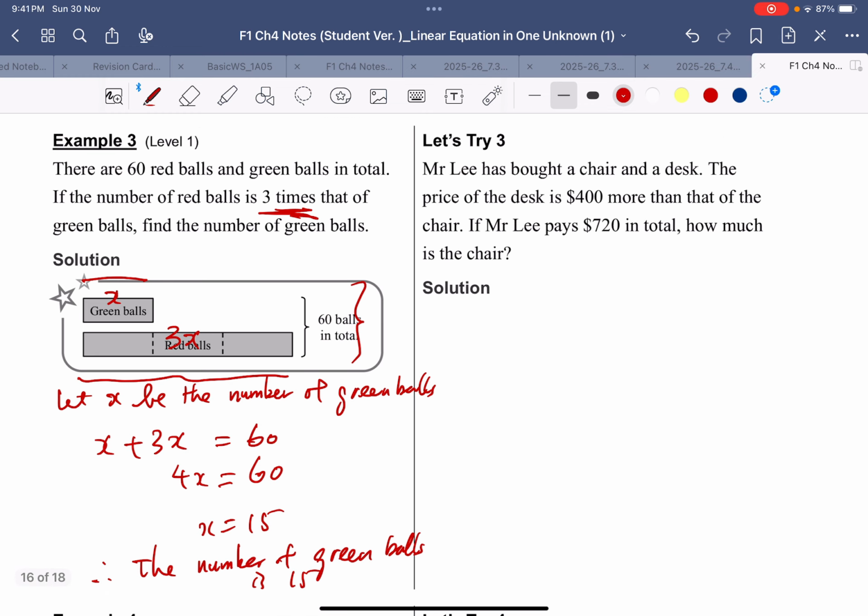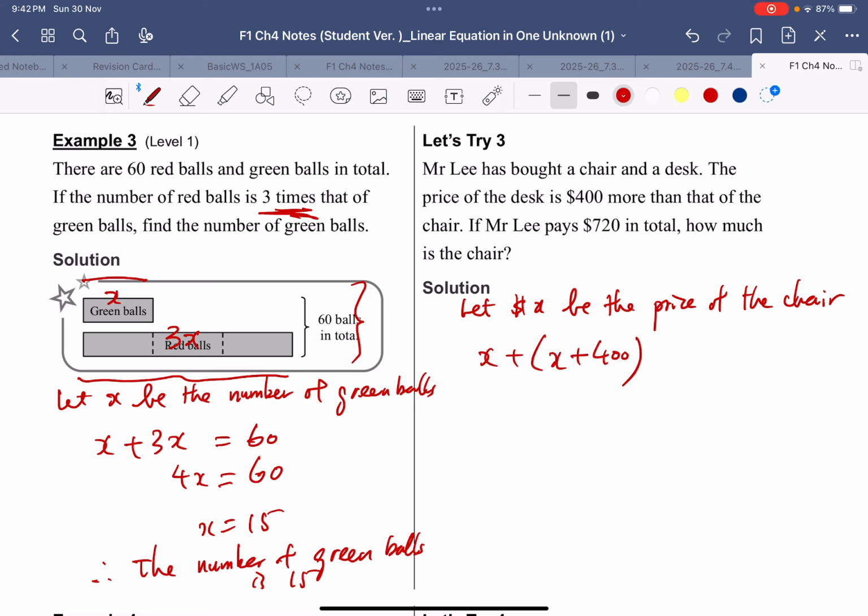Now, pause it. Let's try 3. Let x be the price of the chair. x plus 40, bracket here. Solve it now.